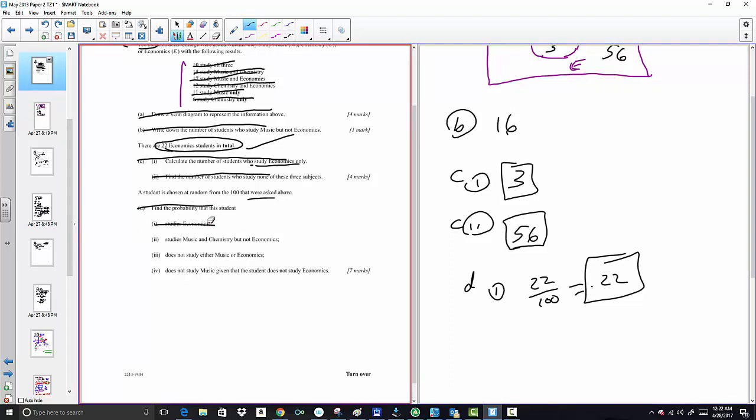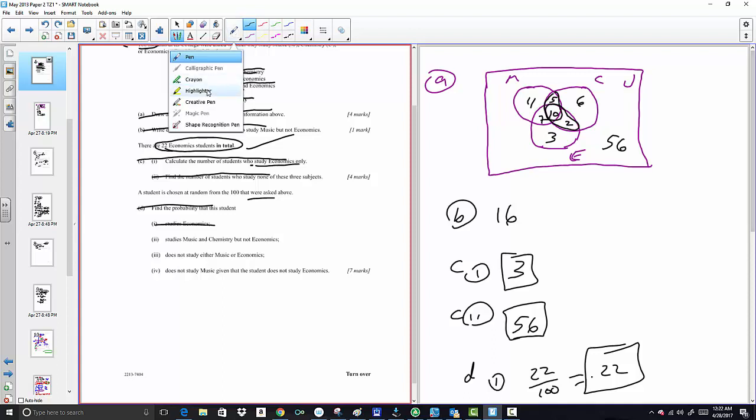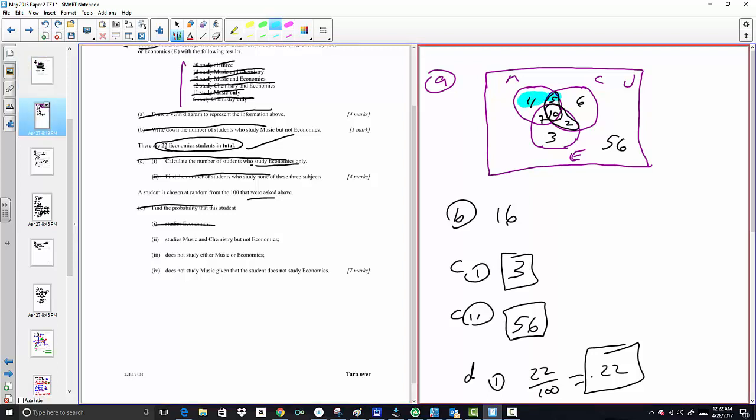It's the probability that a student randomly chosen out of 100 studies music and chemistry, but not economics. So we can kind of shade that if we wanted to. Music and chemistry, but no eco. So we'll say everybody in music and chemistry that doesn't study economics out of the 100. So it's 11 and 5, which is 16. And we're going to add 6 to that. So that's 22.